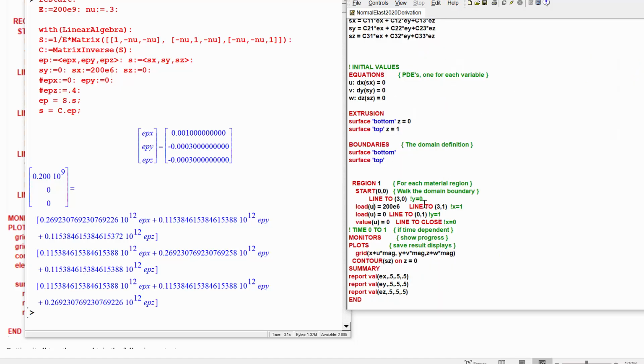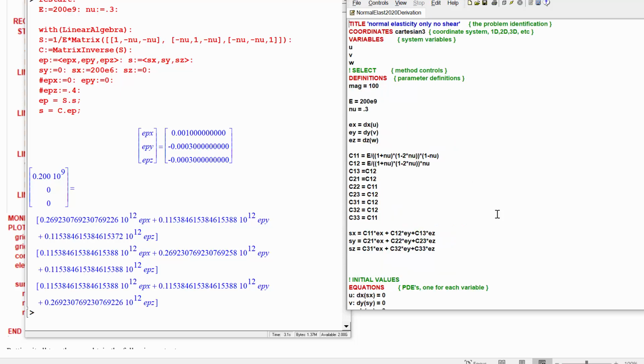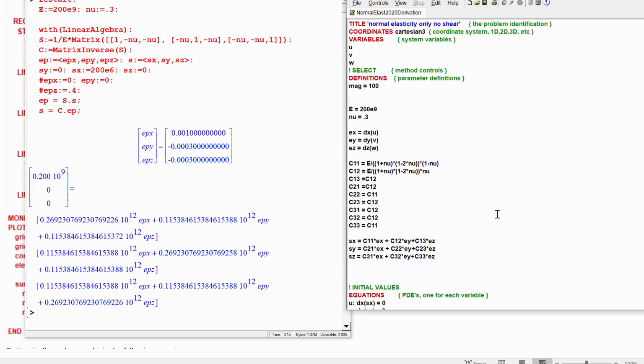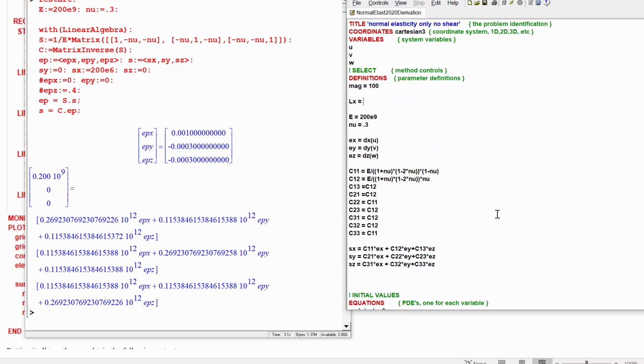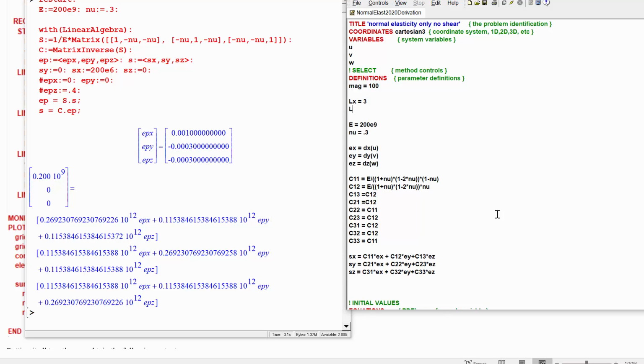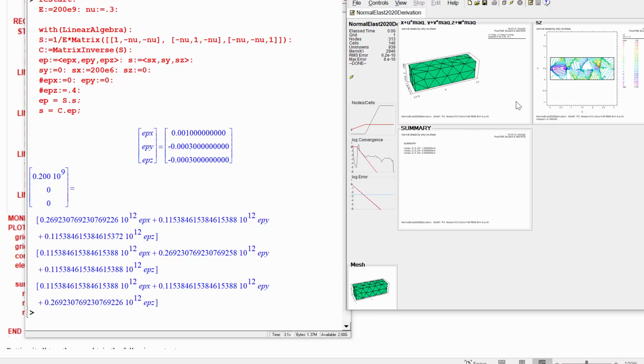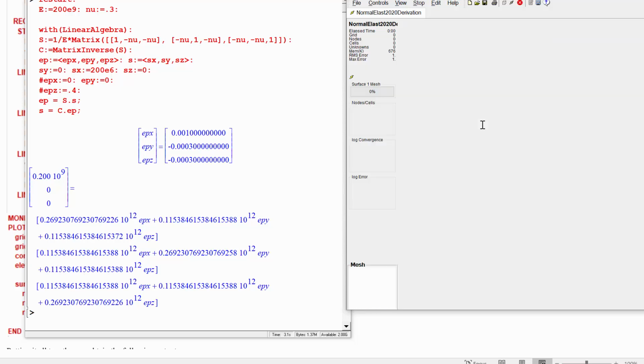Or rather than typing it in 2 spots, you can just put these in terms of variables. We can say this is our variable Lx, and this is our variable Ly, and then this is our variable Lz, and then specify what those are up here so we can now have those set right at the start and change them around more quickly.